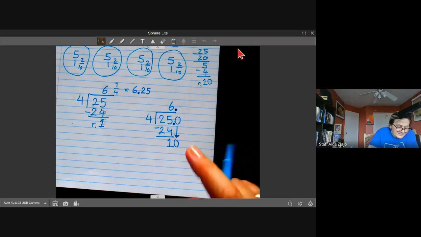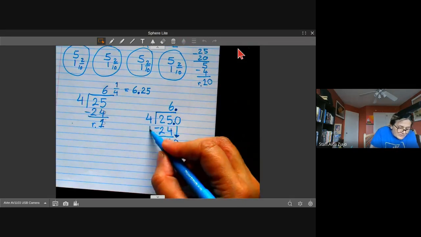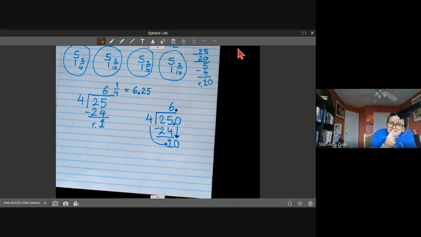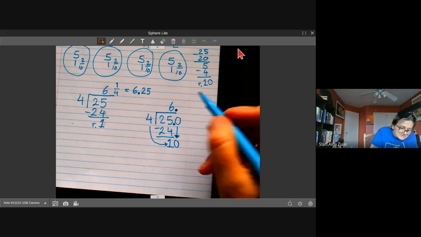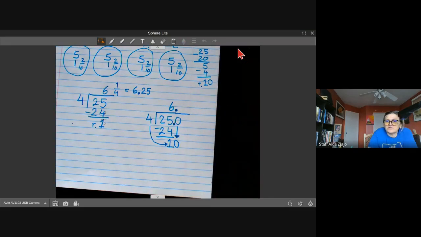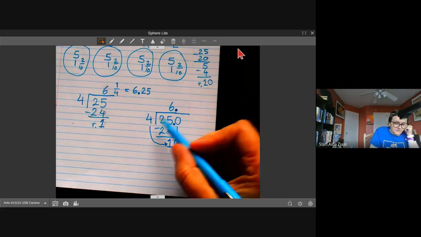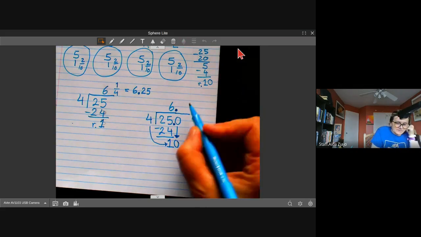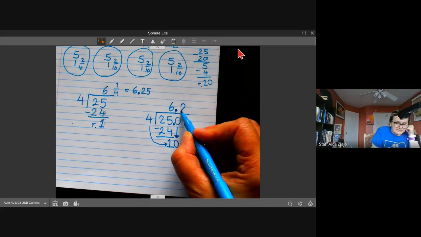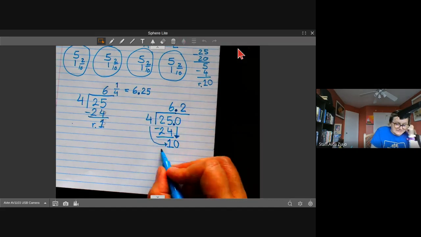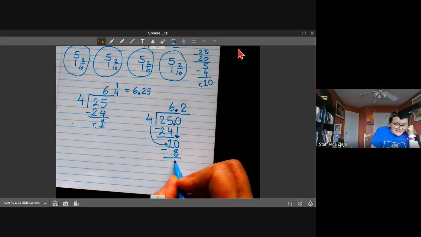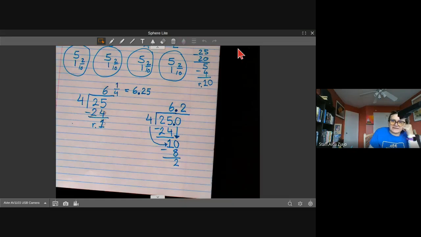So I can keep thinking, 4 goes into 10. How many times does 4 go into 10? What times 4 equals 10? It's 2, correct? 2 times 4 is 8. And then I have a 2 left again.